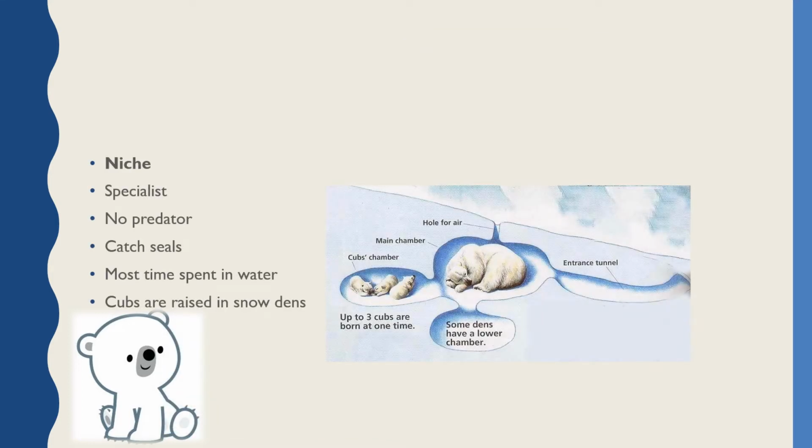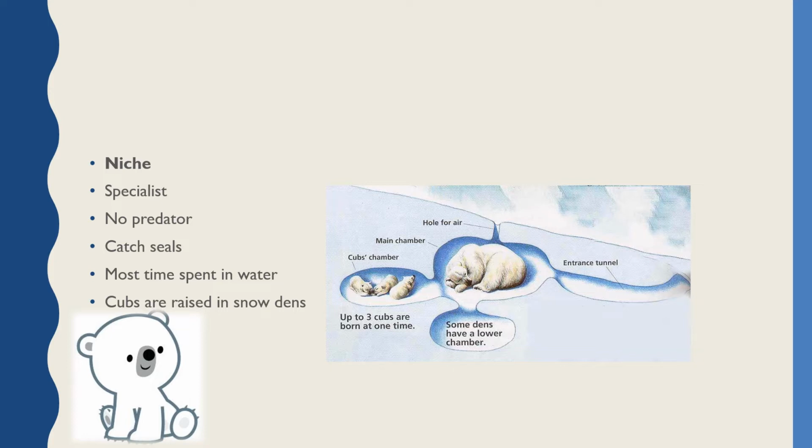The niche of a polar bear is very specialized. These Arctic animals have no natural predators. Polar bears are carnivores and catch seals. The majority of seals caught are not on water nor land, but at the interface of the two, or water and land.